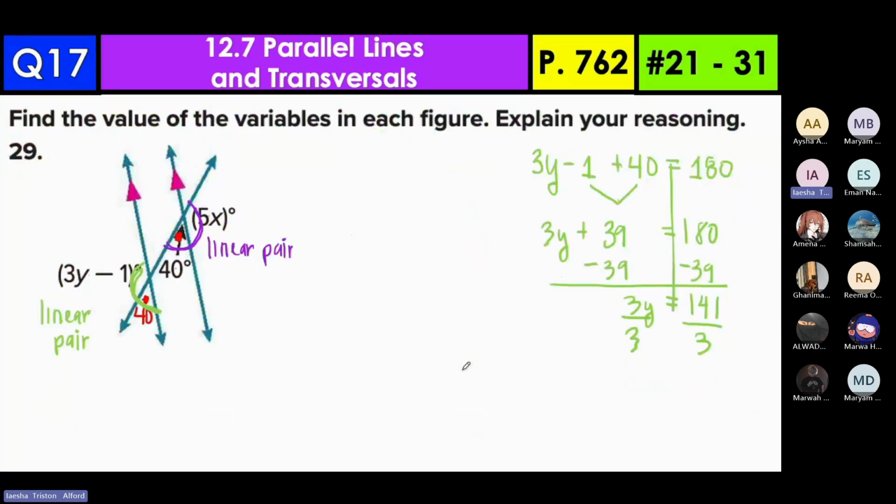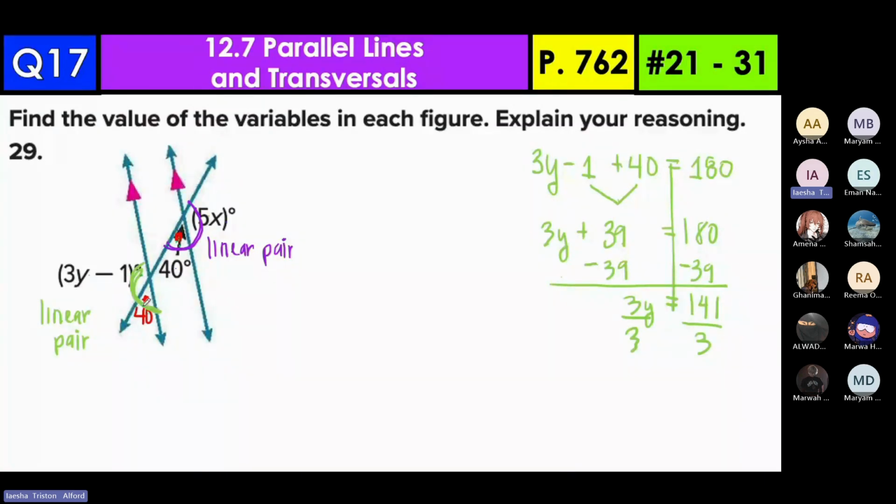Two more in this section. Before that, there's another way you can solve number 29. It depends on you. Another way you could do it is what I told you. If you can't figure out a name, you can do corresponding. So the red dots here: if this one is 40, this angle should be 40. Now I can do the green one. I got a linear pair.